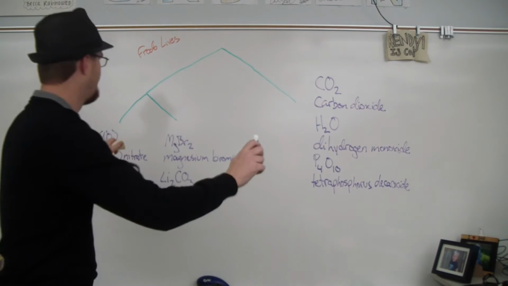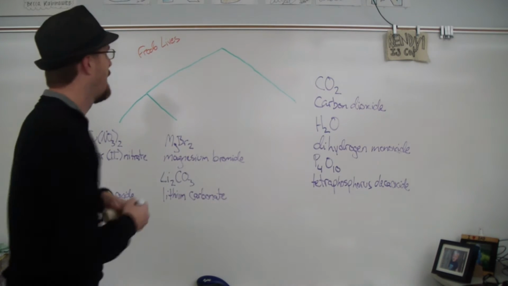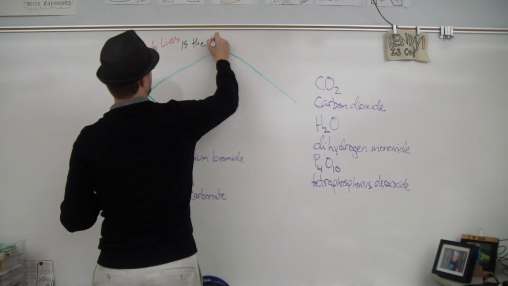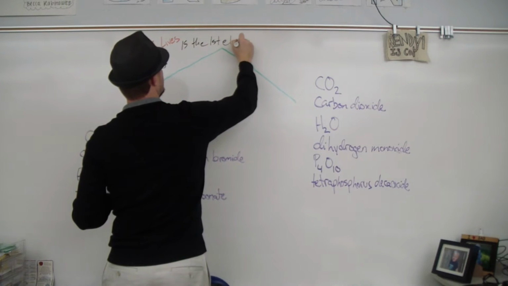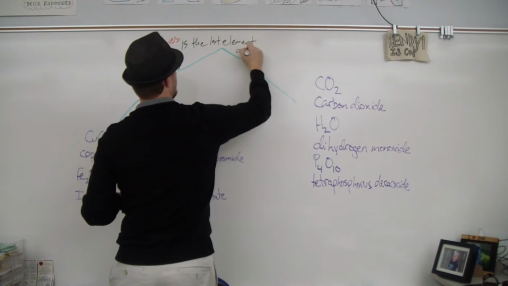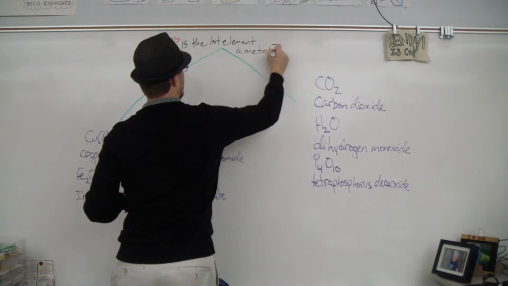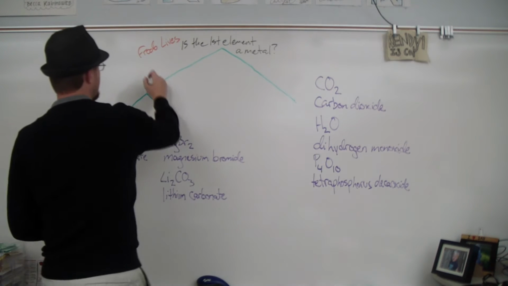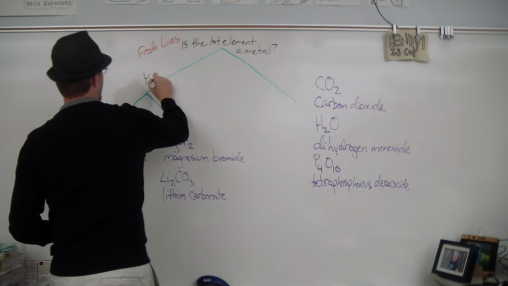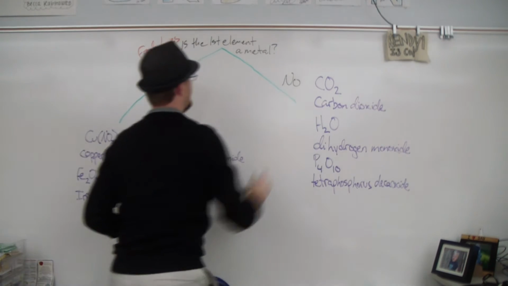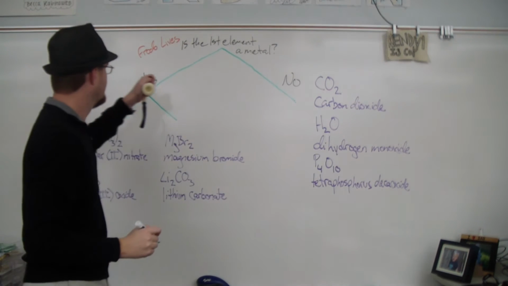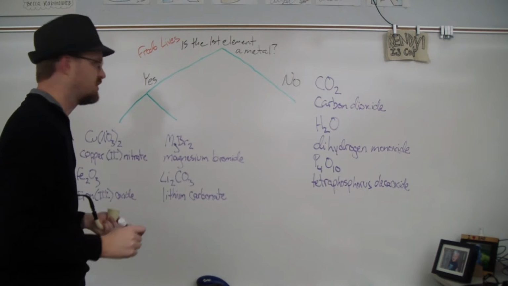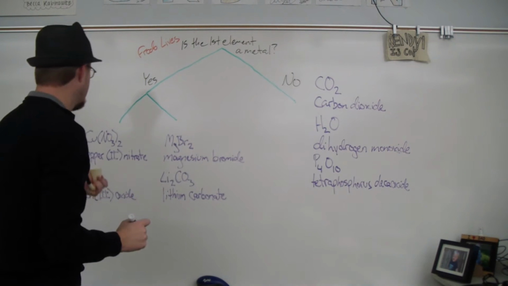So first question clearly must be, is the first element a metal? Clearly, that is the question, which has only two answers, yes and no. Now, if the answer is yes, we have another question to ask. What might that be?